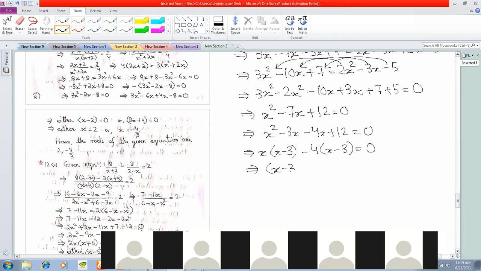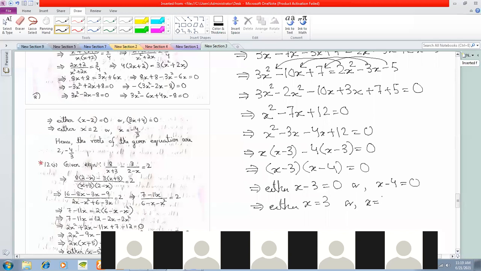That means x minus 3 into x minus 4 is equal to 0. That means either x minus 3 is equal to 0 or x minus 4 is equal to 0. Means either x is equal to 3 or x is equal to 4. And that's it. Okay, so I'll stop here.